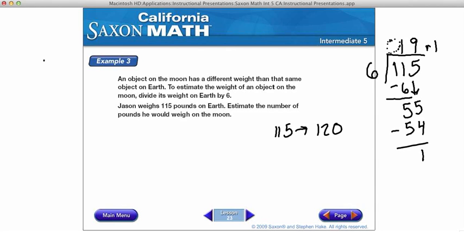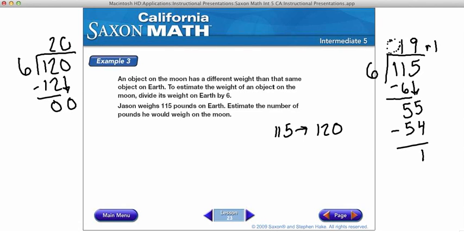So if I do the problem again over here, 6 goes into 12 twice. 2 times 6 is 12. We subtract. Bring down the 0. 6 goes into 0 0 times. You have to put that 0 up there. 0 times 6 is 0.